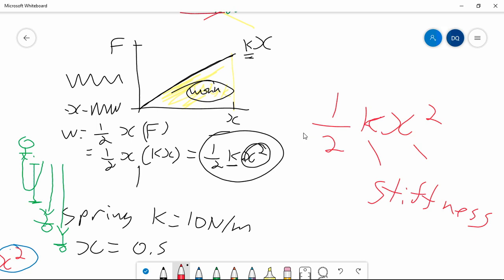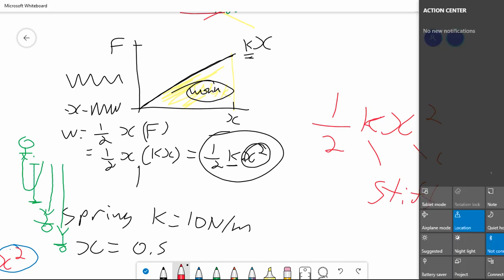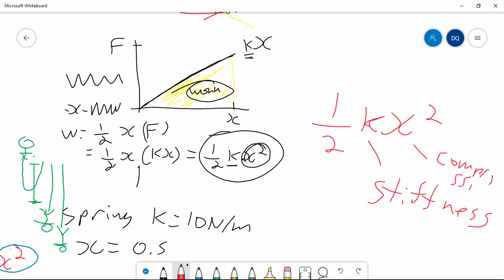I can't fit all that in here. So it's the movement of the spring, the compression. Let's call it the compression. That's the compression of the spring, or the stretch of the spring. It's how far it's moved. So let me just draw that out.